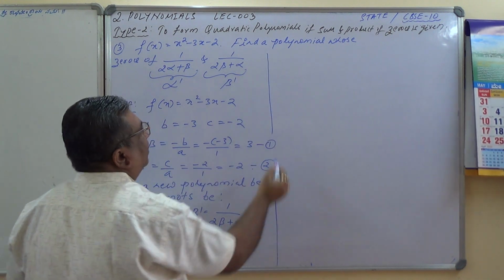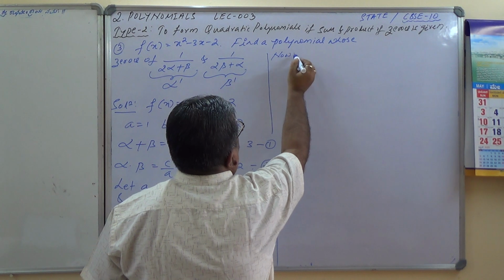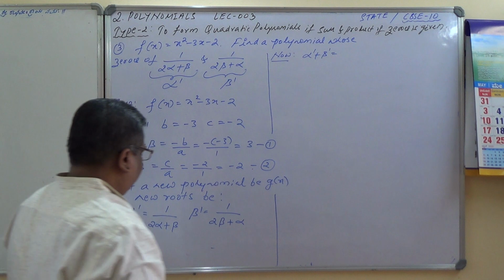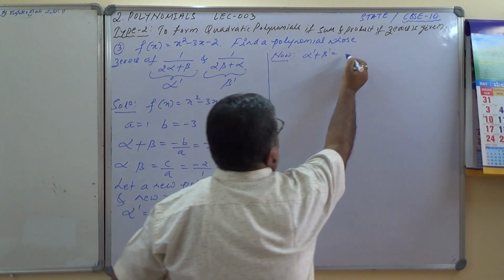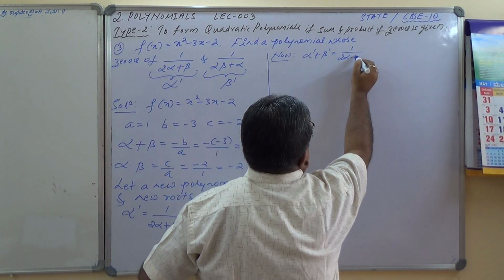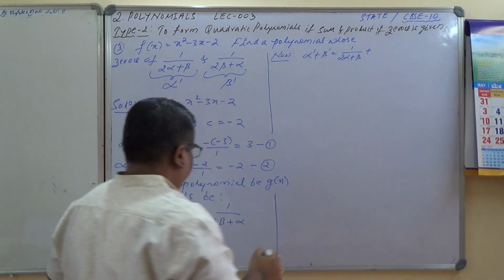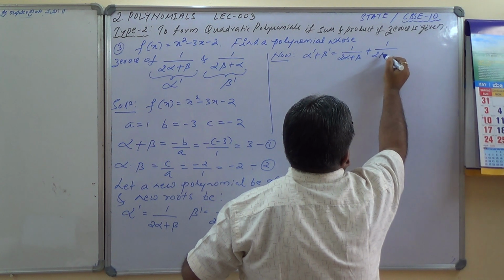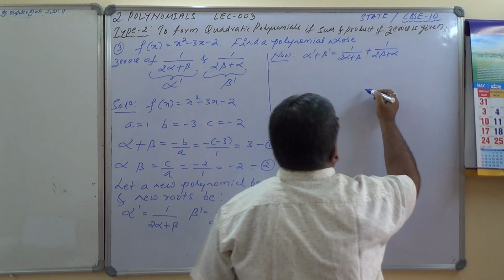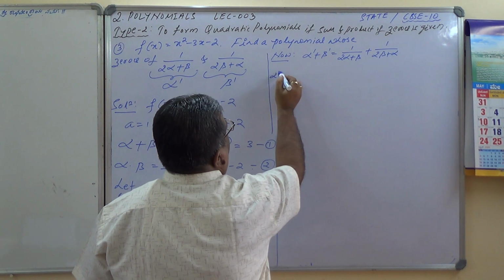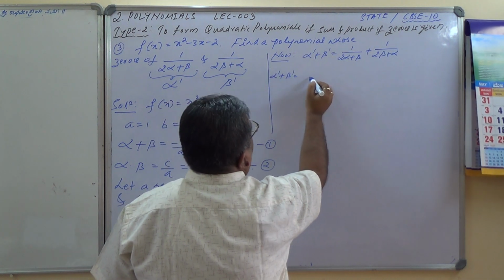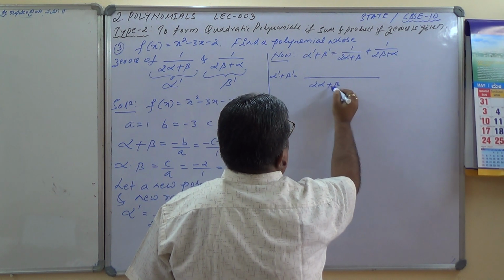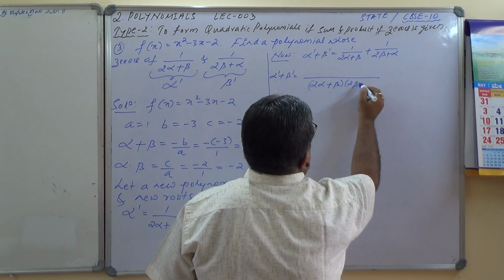Sum of zeros. Now alpha dash plus beta dash equals 1 by 2 alpha plus beta plus 1 divided by 2 beta plus alpha. Therefore alpha dash plus beta dash equals, take LCM, 2 alpha plus beta, 2 beta plus alpha.